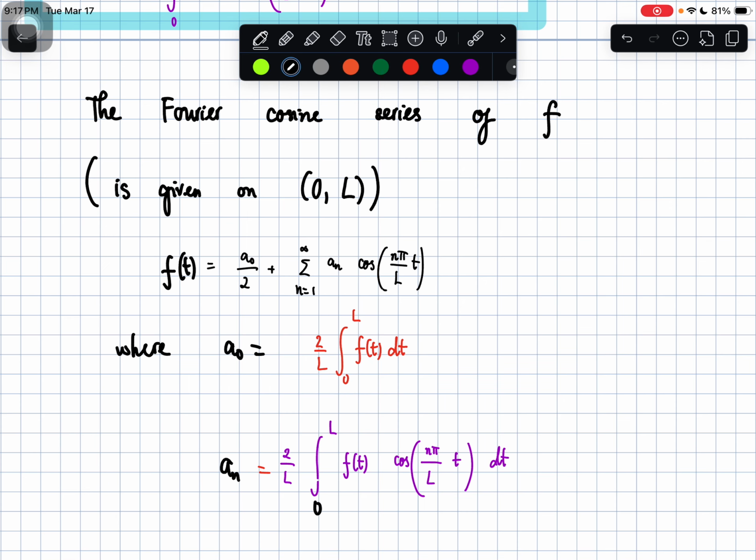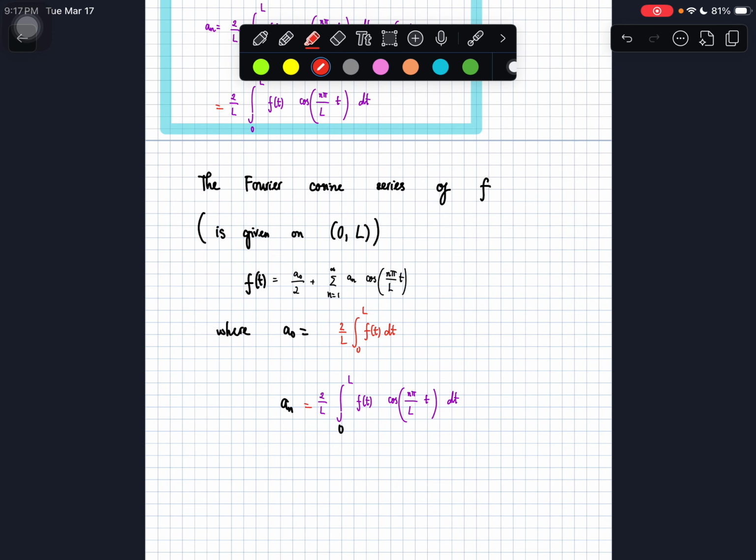So this is the Fourier cosine series of f.